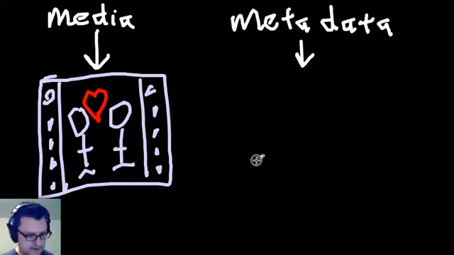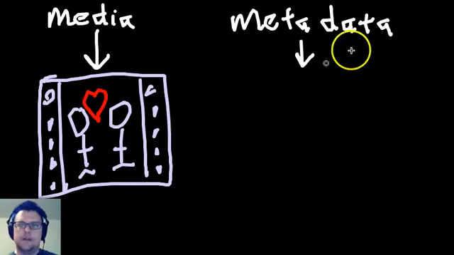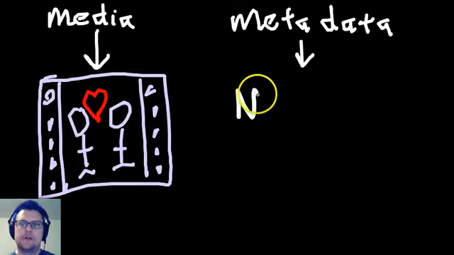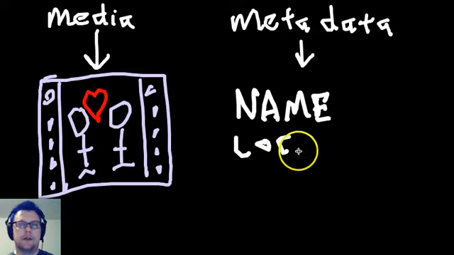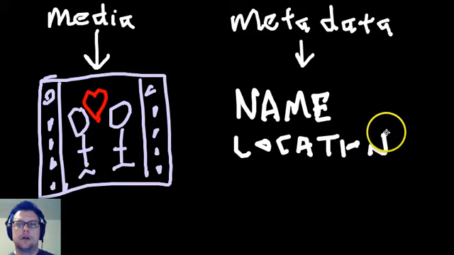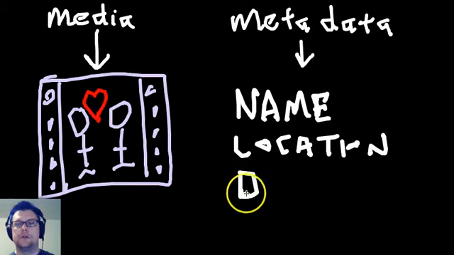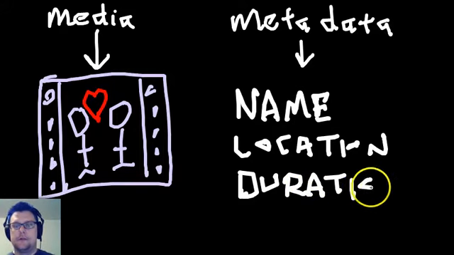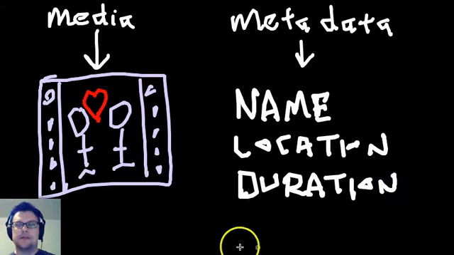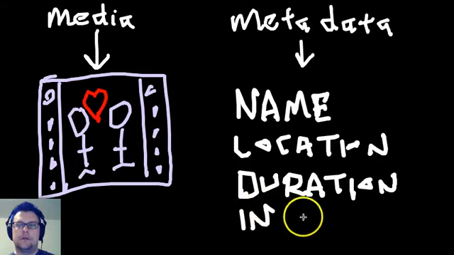Now, what it is: things like the name of the clip, the location, so like actually where is that file on the computer, the duration of the clip, is it 5 seconds, is it 10 seconds, is it 3 hours, and then there's things like in and out points.